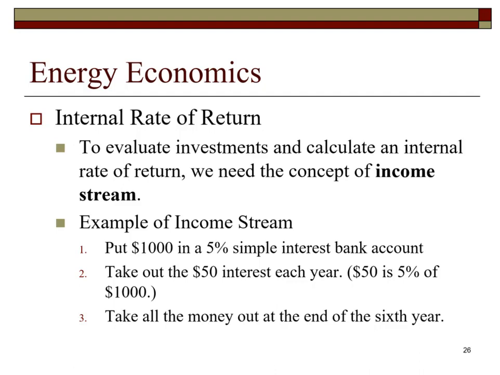With the bank investment, at the end of 6 years we are able to draw out our $1,000 plus interest of $50. With the $1,000 investment in a piece of equipment, we receive $200 per year, and at the end of 6 years, the piece of equipment is worth nothing.